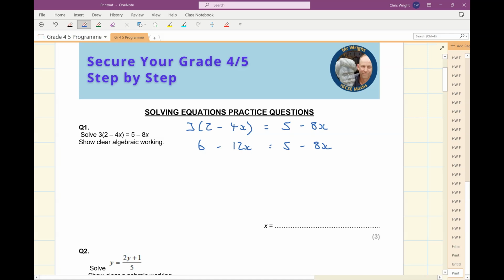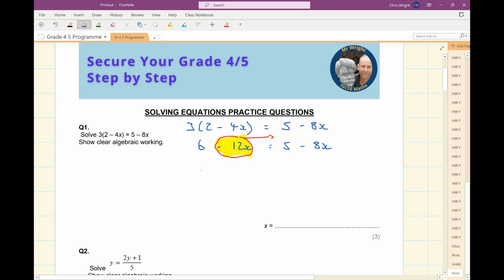So here's an equation with unknowns on both sides. See which side has the fewest and float and ping them over to the other side. Well, this one's got minus 8x. And this side's got minus 12x. Well, minus 12x is the fewest, so I'm going to float and ping those over here. They're going to become plus 12x's, aren't they?